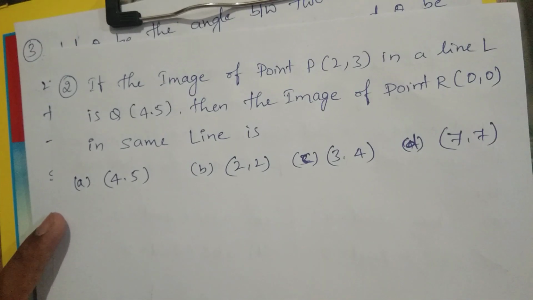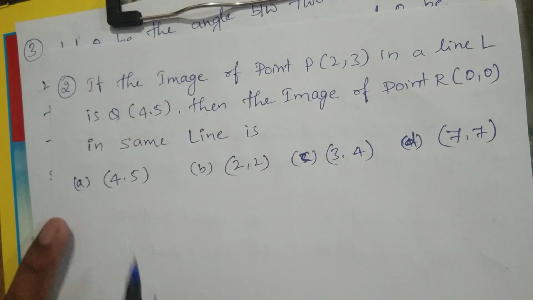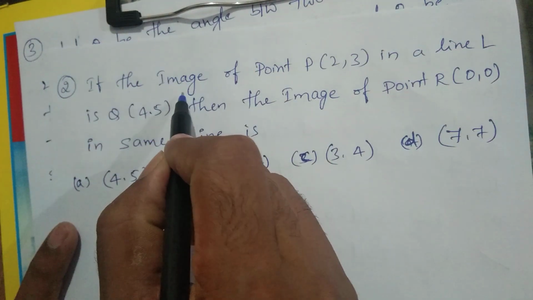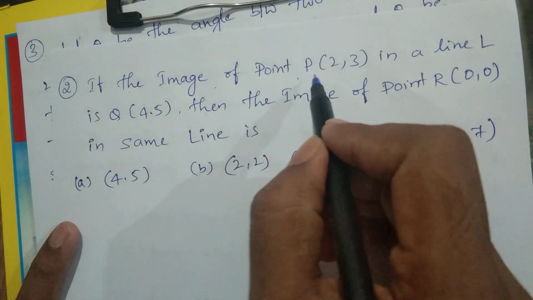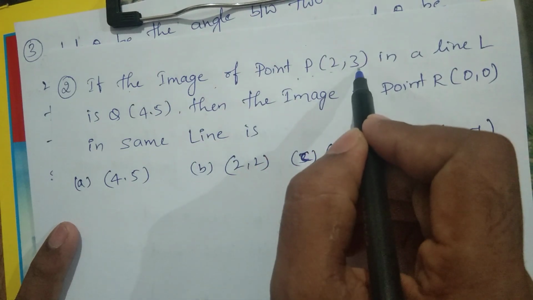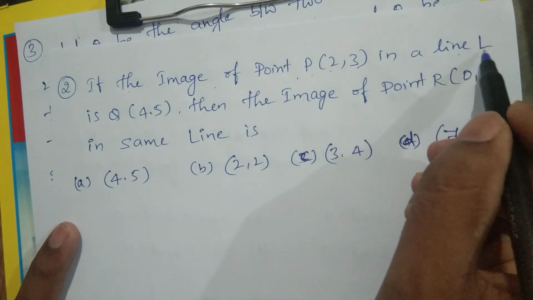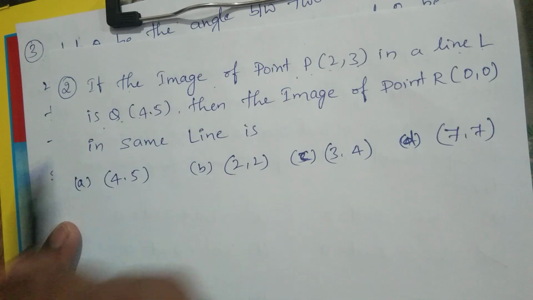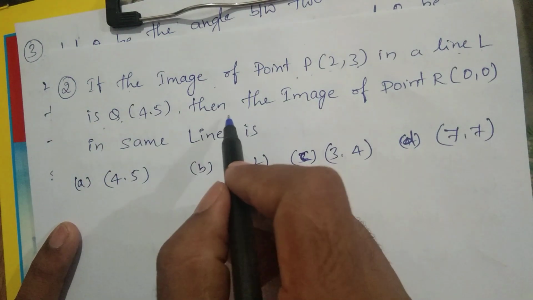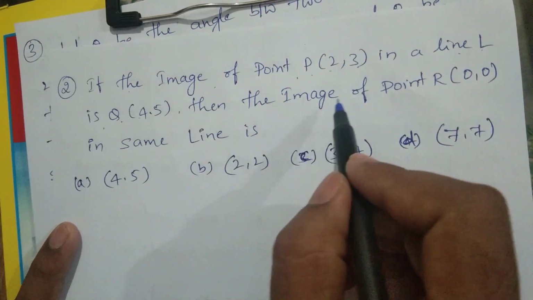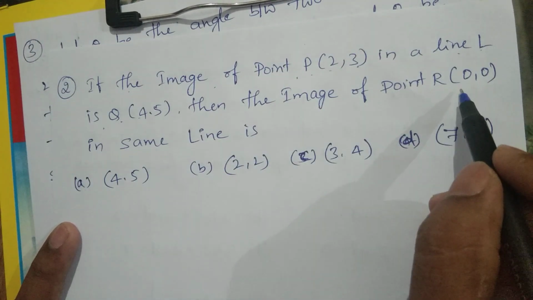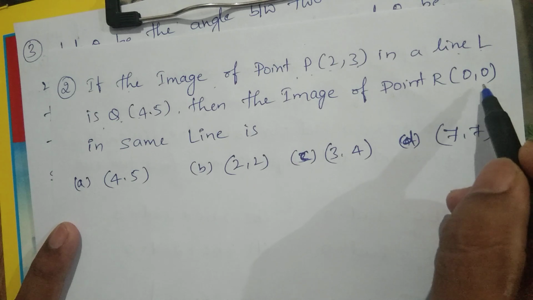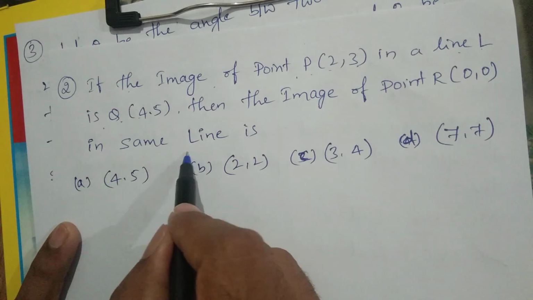Now come to the second problem. If the image of a point P(2, 3) in a line L is Q(4, 5), then what is the image of the point R(0, 0) in the same line?